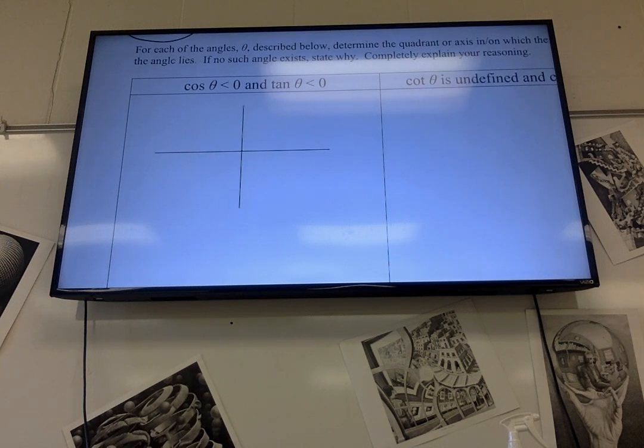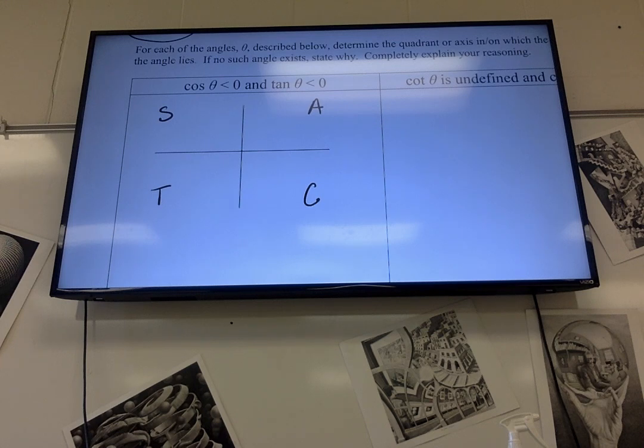We start in the first quadrant, and we go just like we count for all the quadrants. The first quadrant is all students take calculus. True, right? So all students take calculus. What that tells us is which ones are positive.